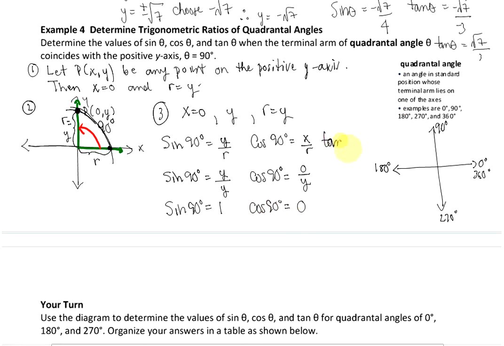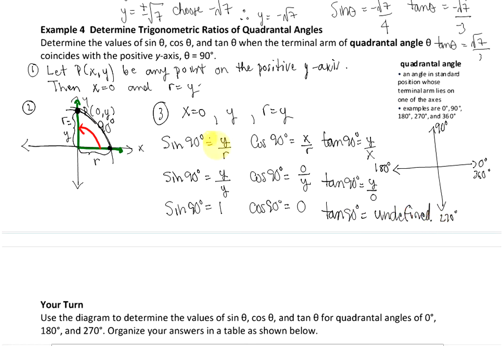Okay, tan of 90 degrees is y over x. So y stays as y, but x is equal to 0, so tan of 90 degrees then is y over 0, which you know is undefined.